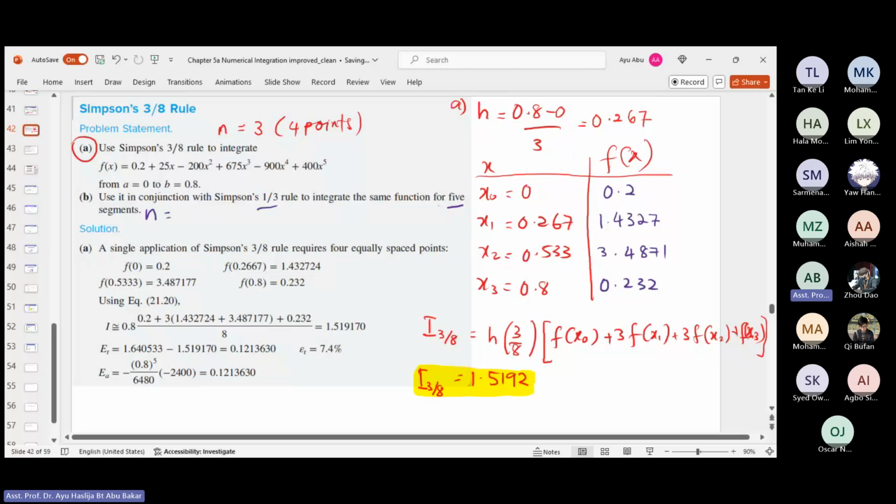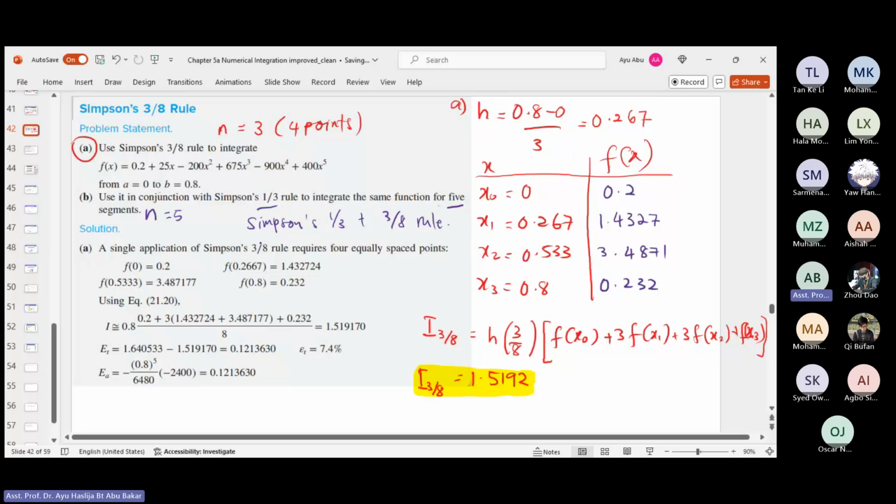So n equals 5, meaning that you need to use the Simpson's 1/3 plus 3/8 rules for the whole 5 segments. So we combine.